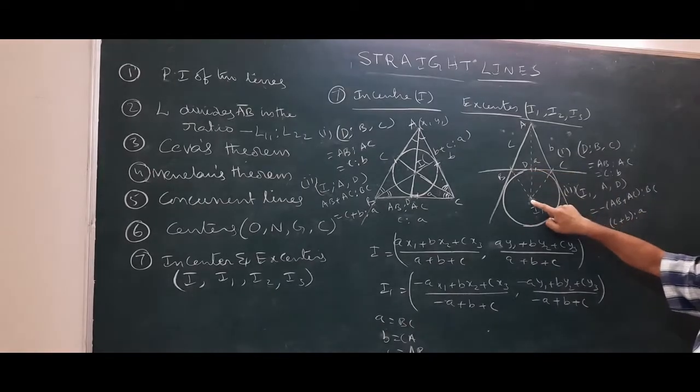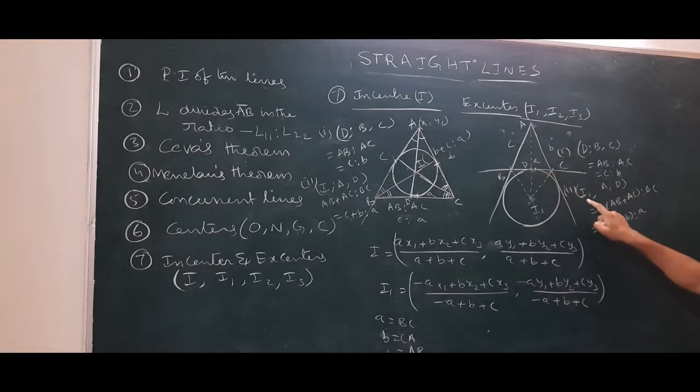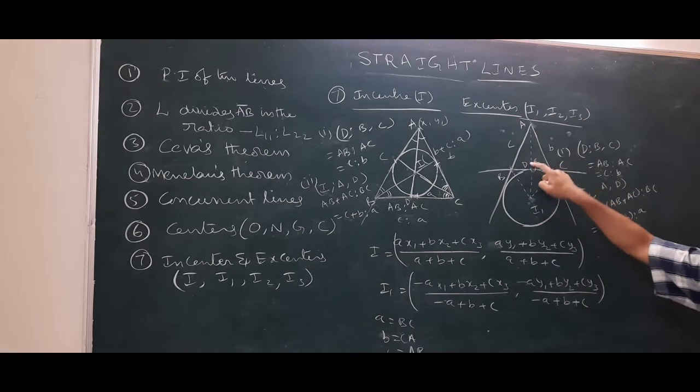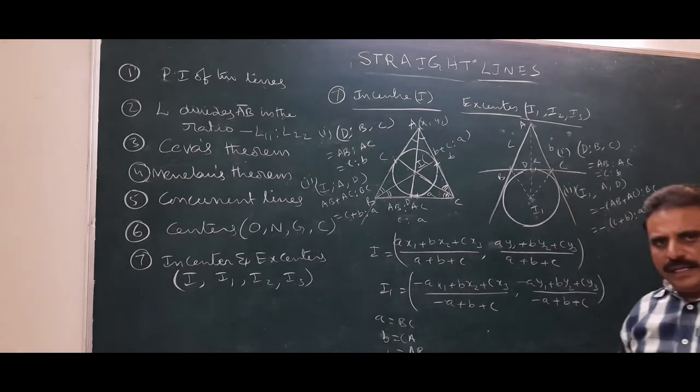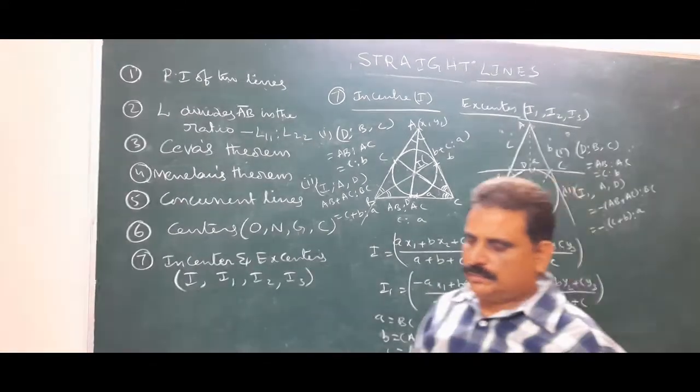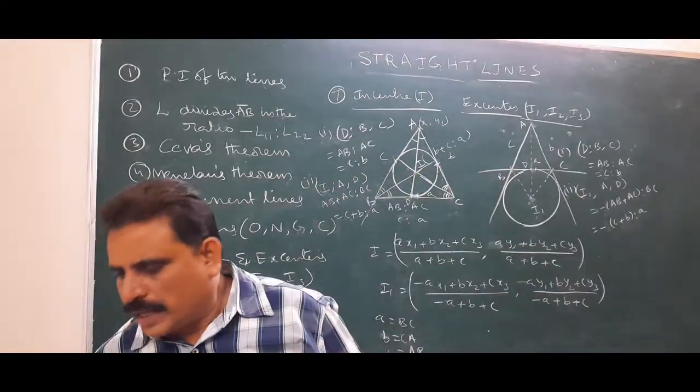So I1 divides AD in the ratio with a minus sign, because the sign indicates an external point: minus (AB plus AC) is to BC, that is, minus (c plus b) is to a. I1 divides AD externally in the ratio c plus b is to a. Minus indicates external. Okay. Thank you, my dear friends.